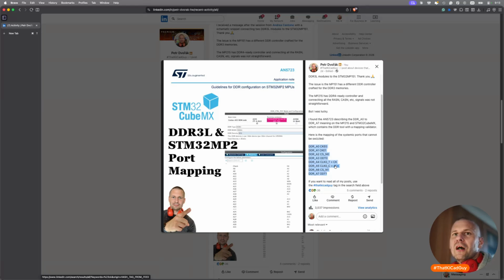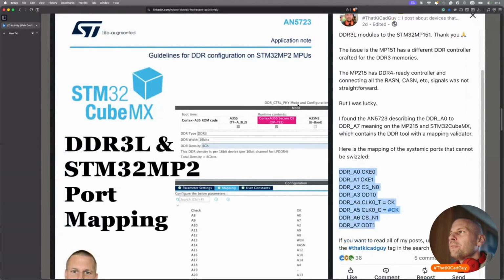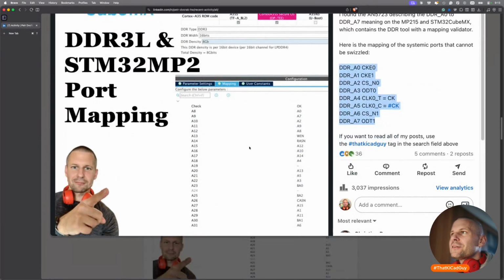You can click on DDR, and in the center part of the main window there is the DDR control PHY mode and configuration sub window. Then you choose DDR type, width and density, and it gives you an example mapping.